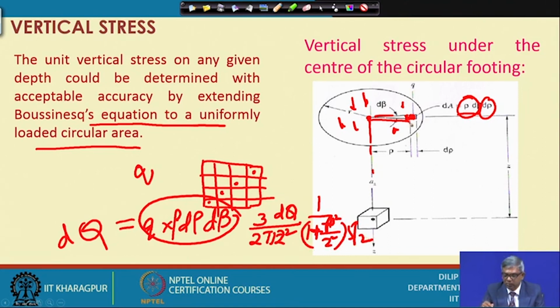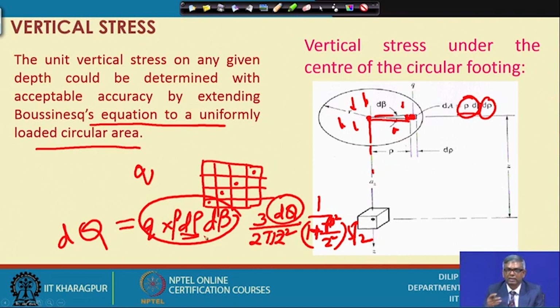So, for this small element I can use this equation, but when I want to do it for the entire area, what can I do? I can integrate. You can see dQ is a function of rho and beta, d rho and d beta.